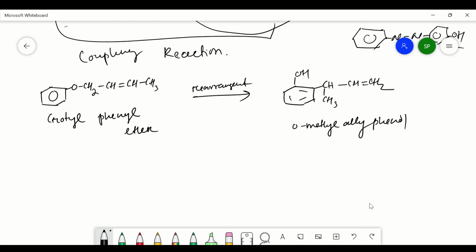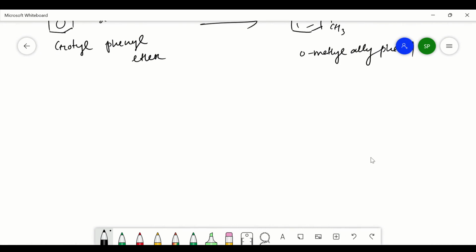Okay. The mechanism of the reaction will be, let us consider oxygen and this is CH2 single bond CH double bond CH2. Okay, in the next step this double bond will attack this carbon, double bond will transfer here and this will be O minus.